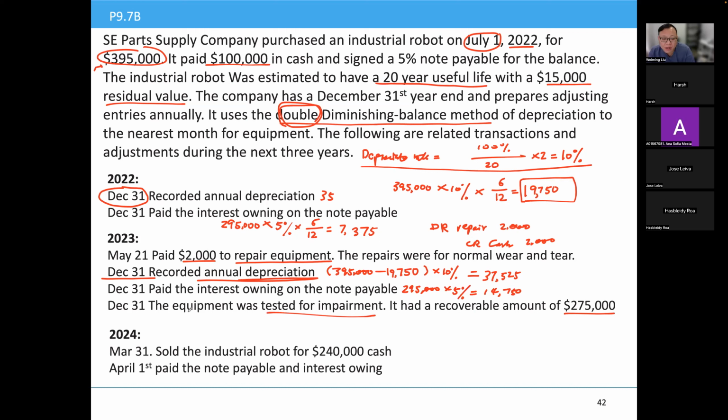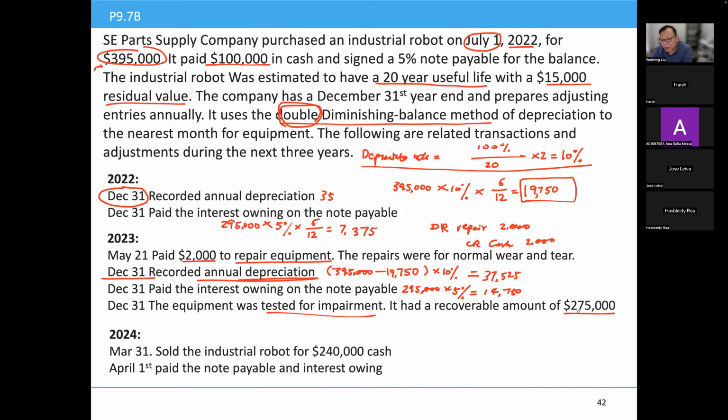For example, the equipment may not be worth as much as they think in the market, because there's new technology making the technology obsolete very quickly. So those would be situations where you realize that your equipment is not worth as much as on the book. So you are testing for impairment.